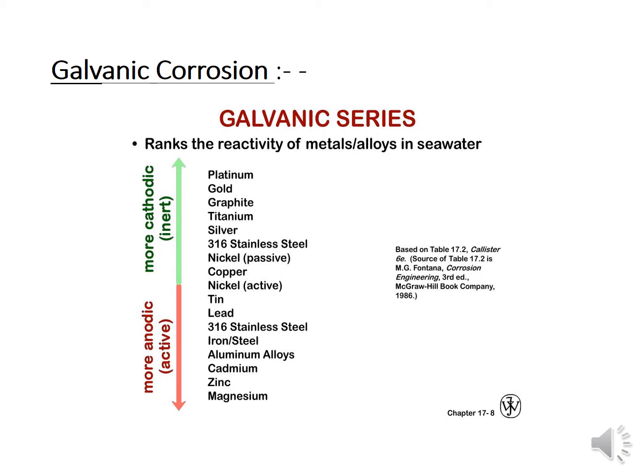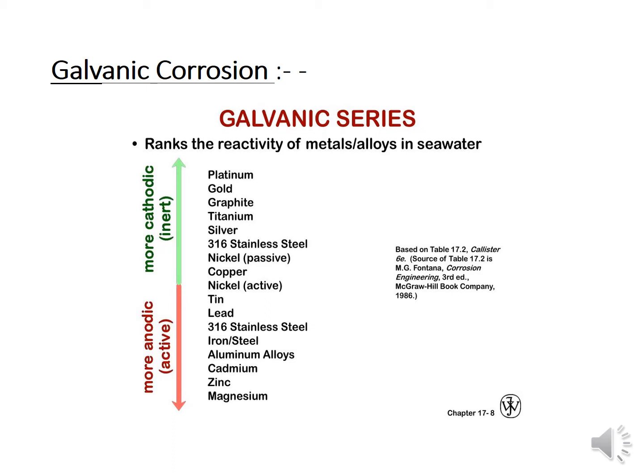Which metal will form the cathode or the anode is determined by the galvanic series. It is a reactivity series or the electrode potential series. The metals at the bottom of the series are more reactive and tend to become anode. Metals at the top of the series are inert, stable metals and become cathodic.